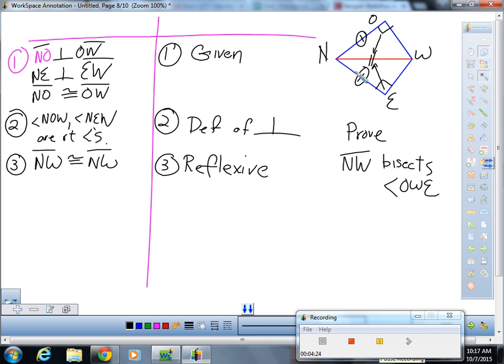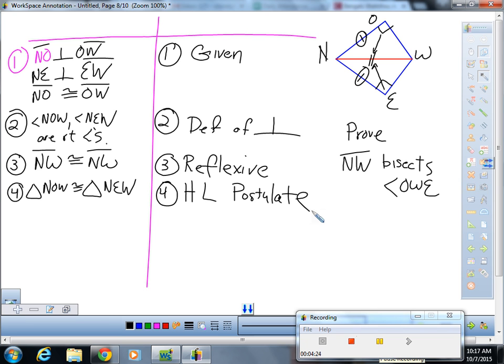So now I can say that triangle NOW is congruent to triangle NEW, and my reason would be HL postulate. Yes, sorry, I wrote the given wrong. NO is congruent to NE. Thank you. Just wrote that down wrong. Very good.